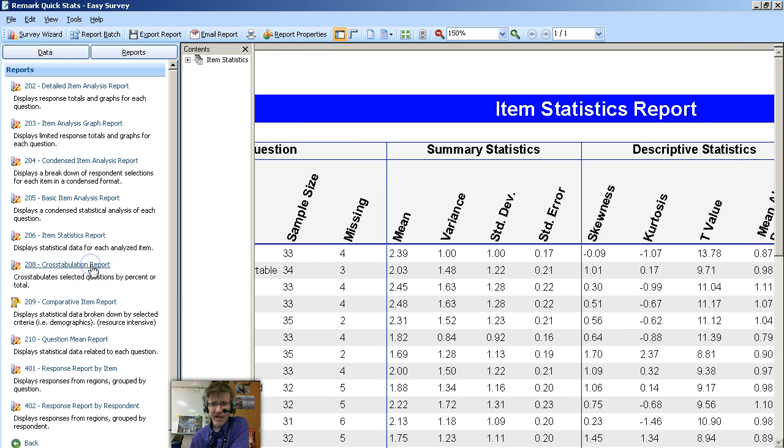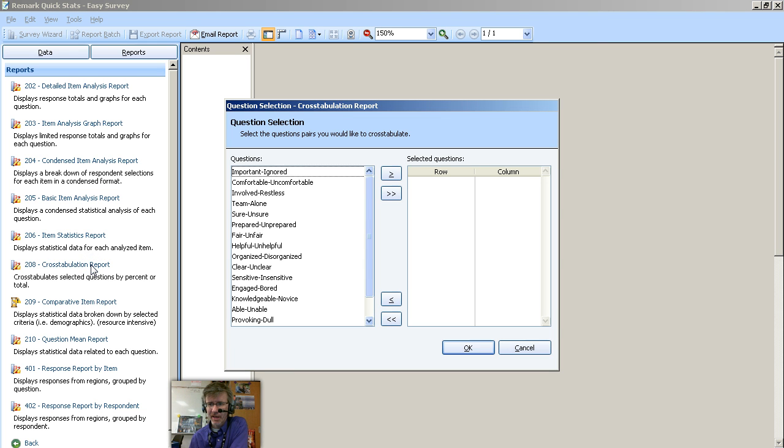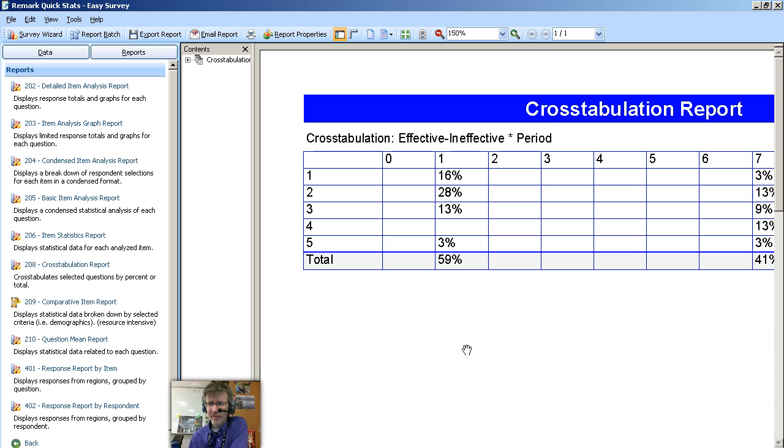Then there's the cross tabulation report, and so let's say I want to do is the teacher effective or ineffective relative to the period. And so we can kind of provide this.